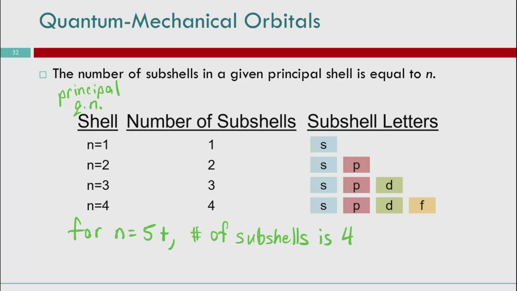Because we only have those 4 letters, S, P, D, F. But generally, the number of whatever our n is, that's going to be the same as the number of subshells, the number of shapes that we have.